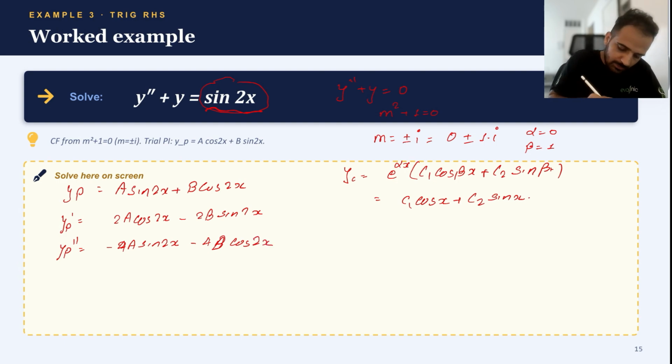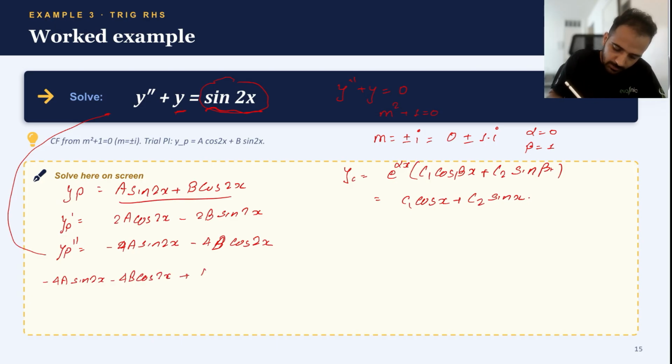So putting everything back into the ODE, we have minus 4a sine 2x minus 4b cos 2x plus y, which is a sine 2x plus b cos 2x, equals sine 2x.